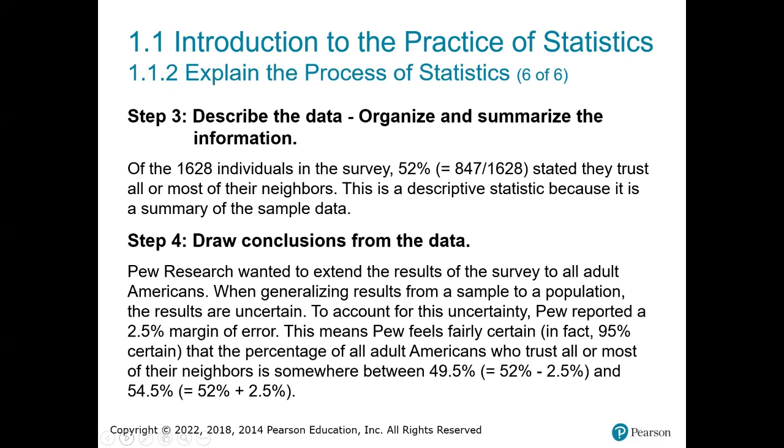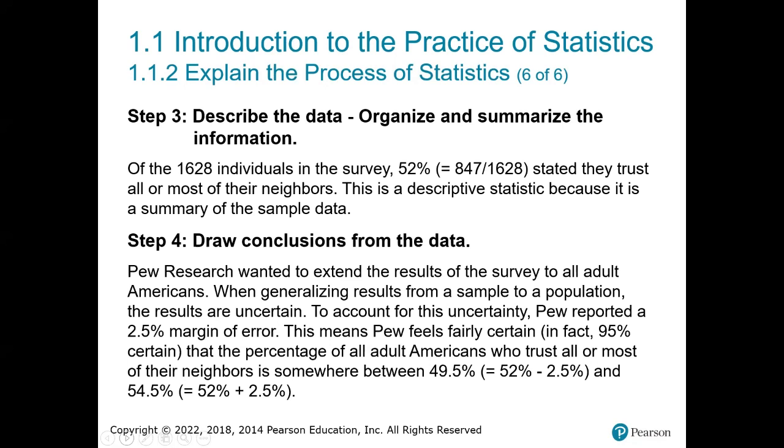So Pew Research wanted to extend the results of the survey to all adult Americans. When generalizing results from a sample to a population, the results are going to be uncertain because, again, we cannot access every single adult American. So what they do is they create a margin of error and can assess their results or adjust the results on a range of values to where they expect the full population value to fall.